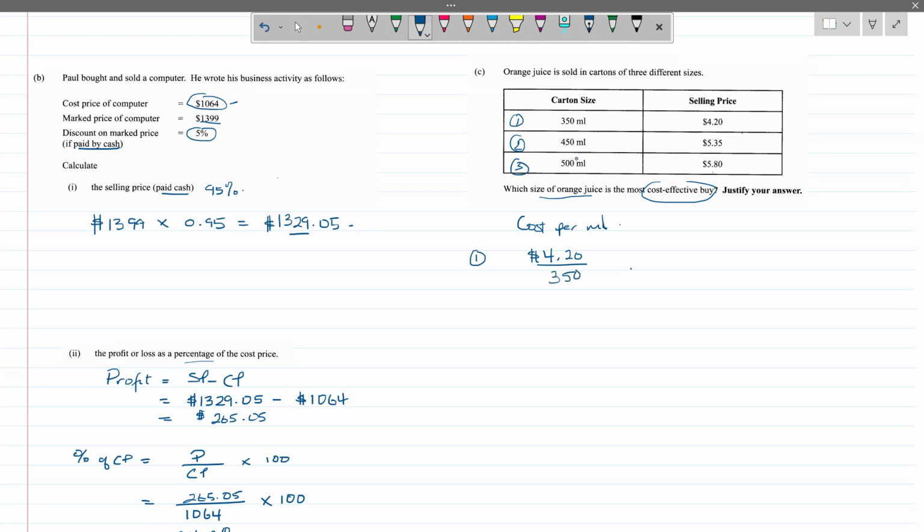We divide the selling price by the number of ml, so we know what's the cost per ml. So 420 divided by 350. This is going to give us 0.012. Then we'll do 535 divided by 450.